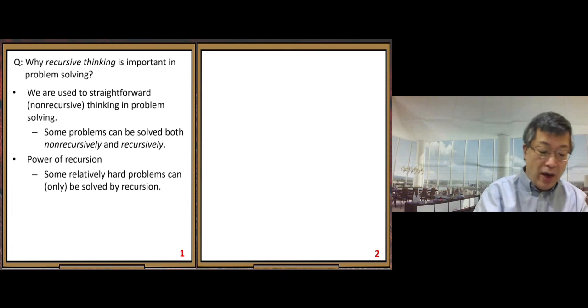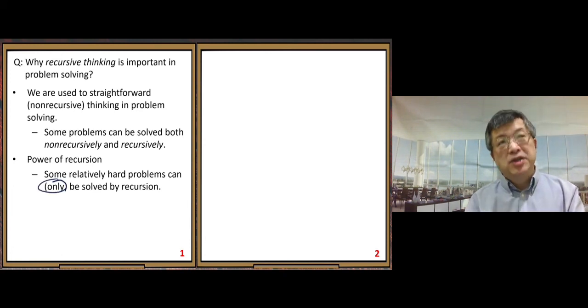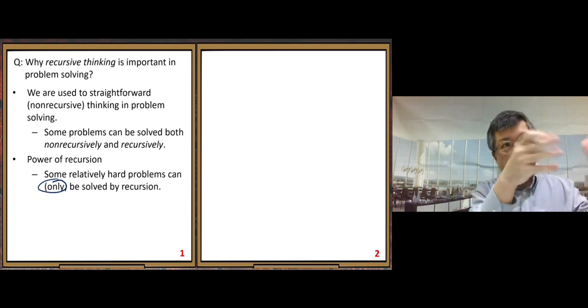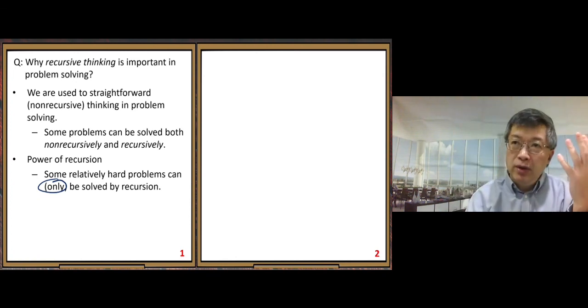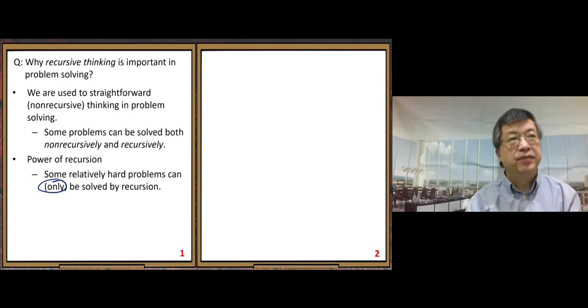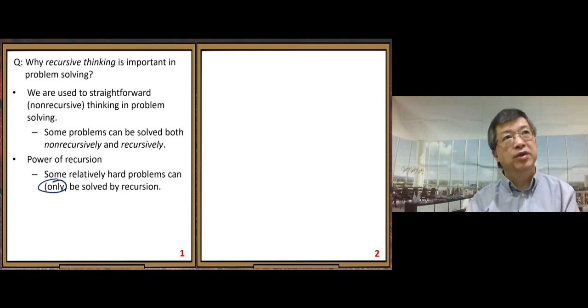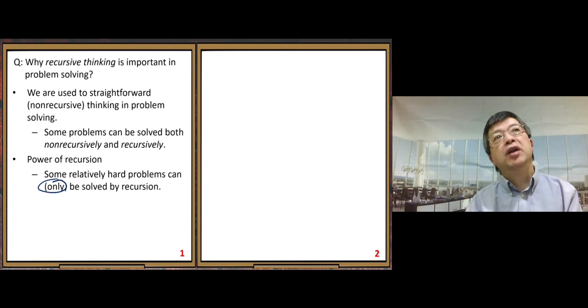Why do I put parentheses around "only"? Because sometimes in textbooks, books, or articles, people say that any problem you can solve recursively, you can also solve non-recursively. You will see this kind of statement in many places.